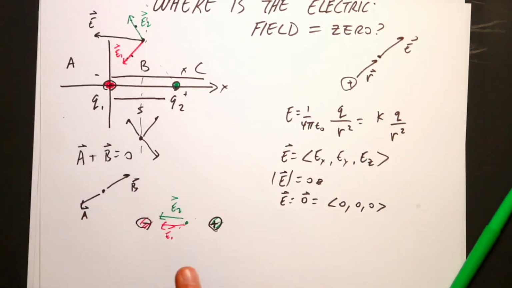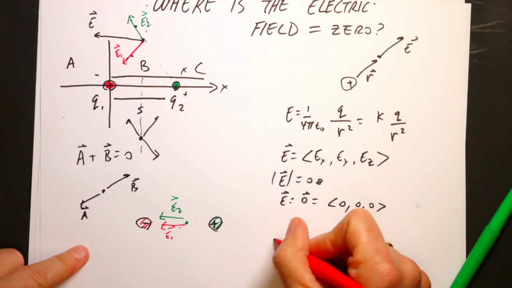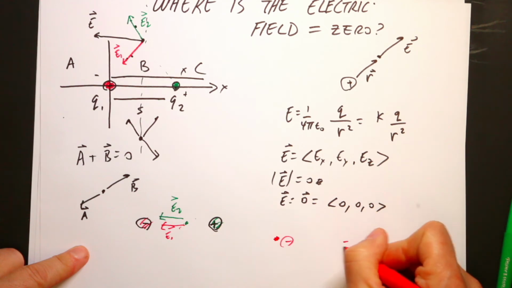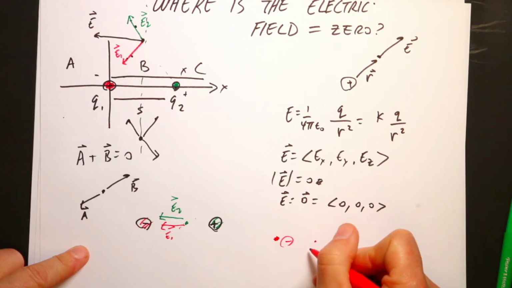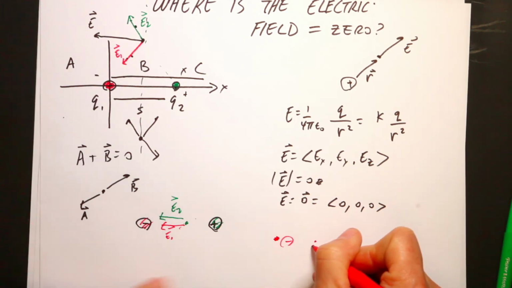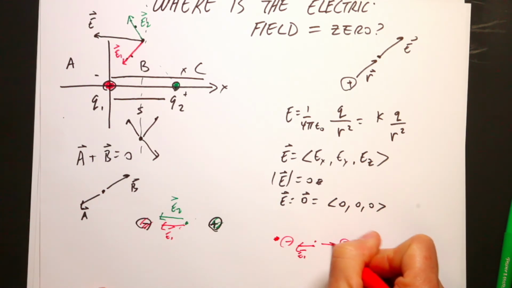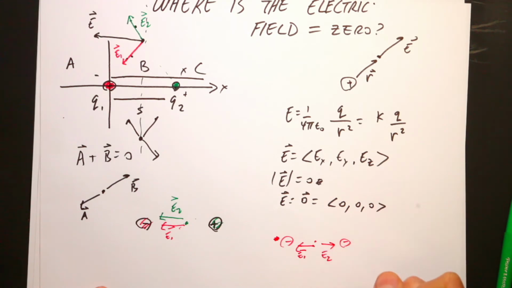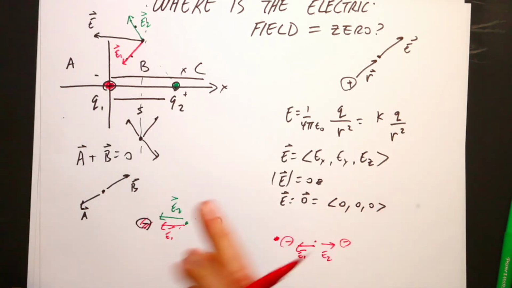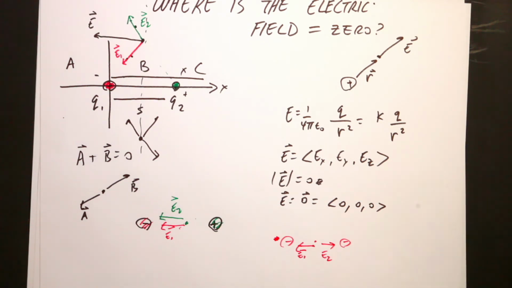Now, if they have the same charge, let's say negative and negative, then I pick this location. Here's E1 due to this charge is that way, and then here's E2 pointing that way. So it is possible for them to cancel. So they have to be the same charge. If it's in the middle, they have to have the same sign of charge.